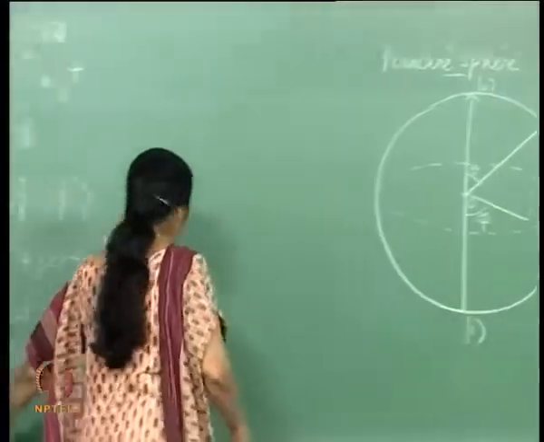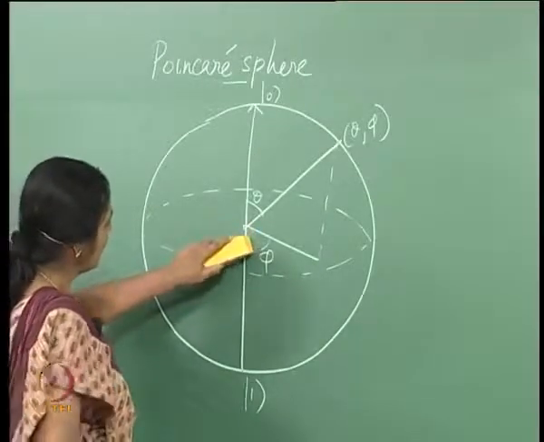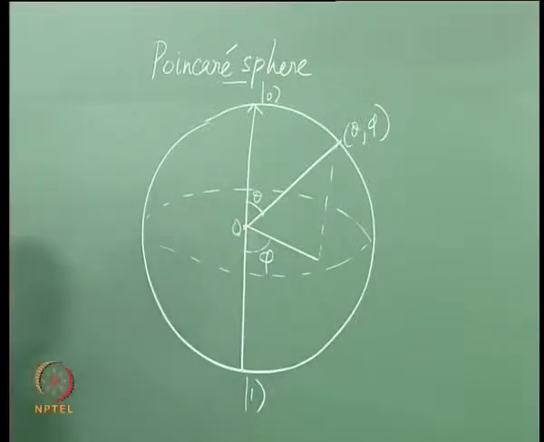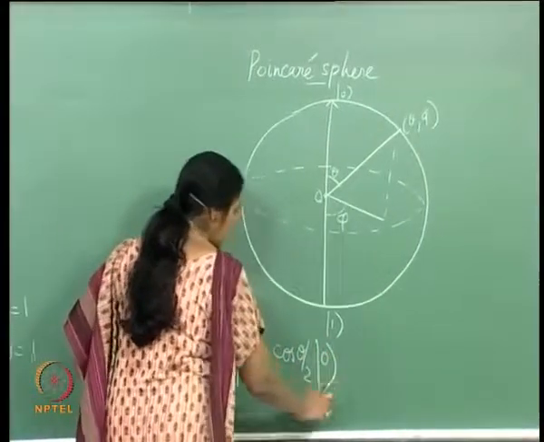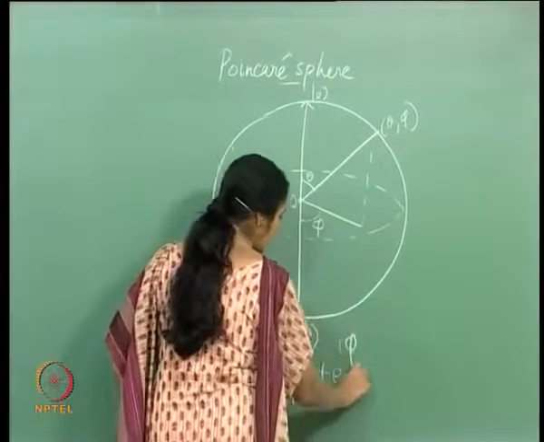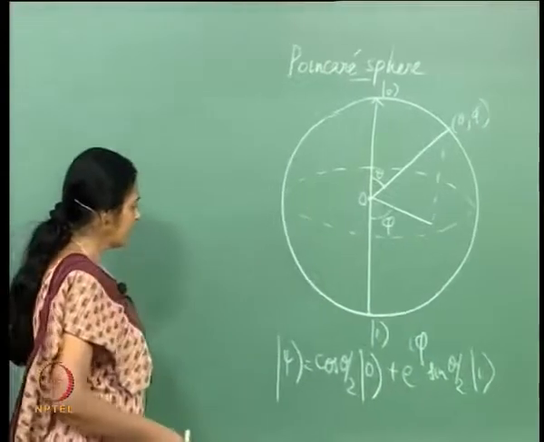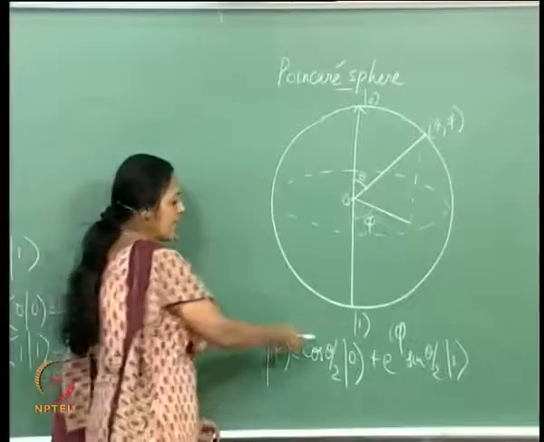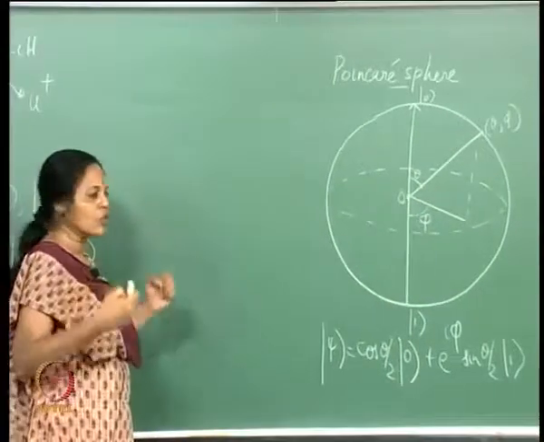So polar and azimuthal angles, that's the origin. So I can represent any qubit here as cos theta by 2 ket 0 plus e to the i phi sin theta by 2 ket 1. And as theta and phi take different values, I get various qubits all sitting on top of the sphere.